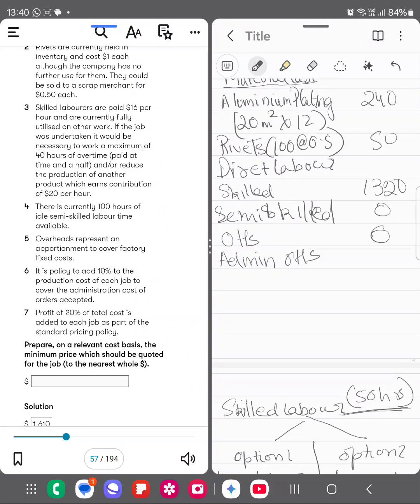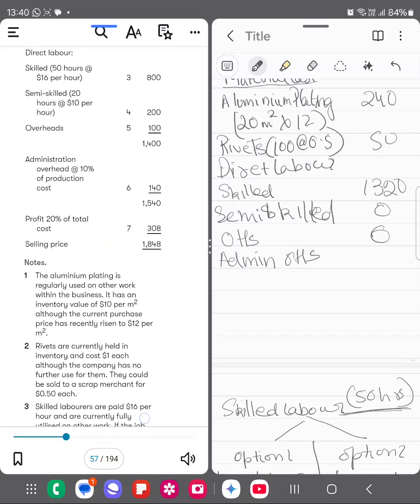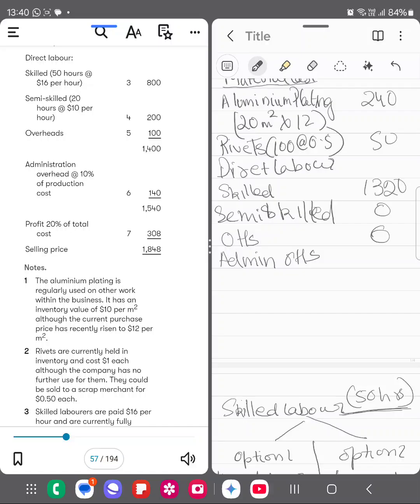It is the policy to add 10% to the production cost of each job to cover the administration cost of orders accepted. Administration overhead is 10% of the production cost.